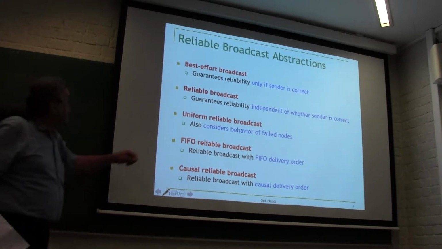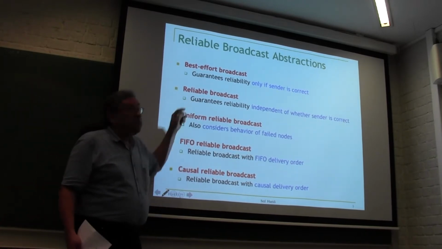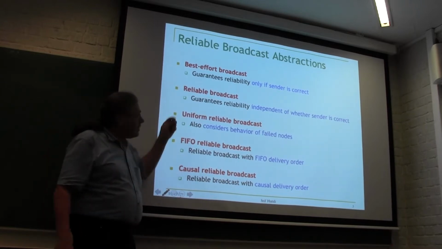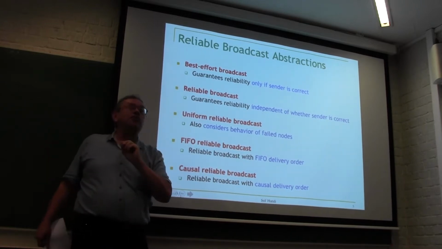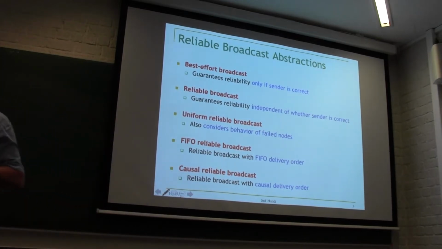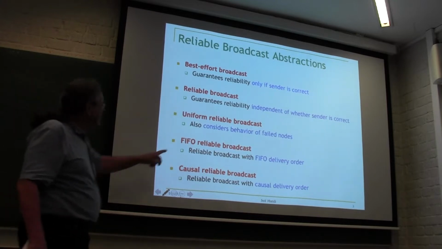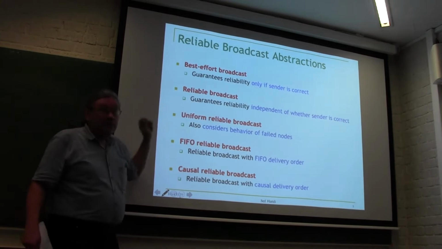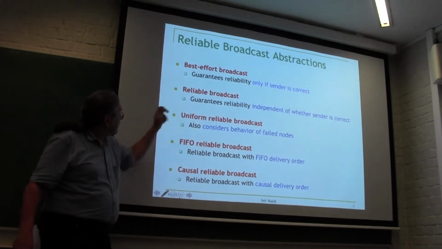Whereas reliable only worries about the correct nodes, the ones that don't crash at all. But if you get the message and then you crash, uniform will guarantee that all the correct nodes got it also in that case. So it also worries about failed nodes. That's a little bit tricky, but we'll explain it in more detail.